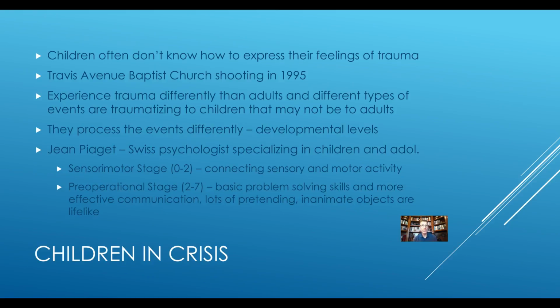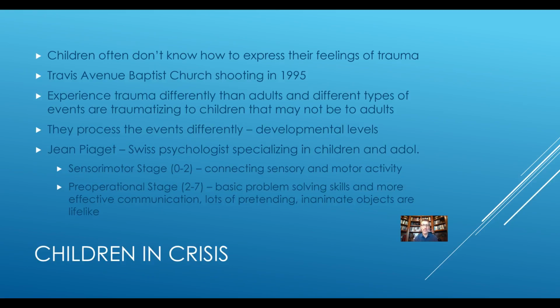They don't process things like we do, and we're going to talk about that later, but right now we're going to talk about Jean Piaget. I know he wasn't always old, but in all the pictures in the textbooks he's this little old man, right? If you ever study human development or take a developmental class, you're going to talk about Piaget.